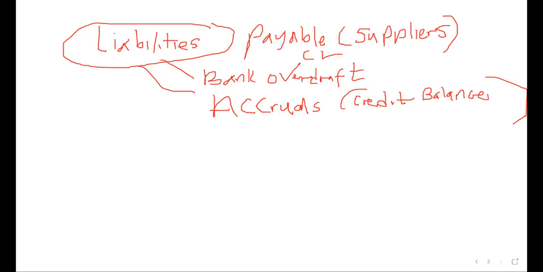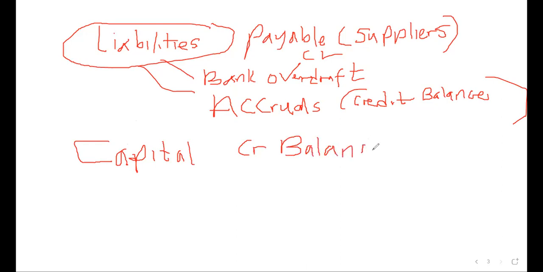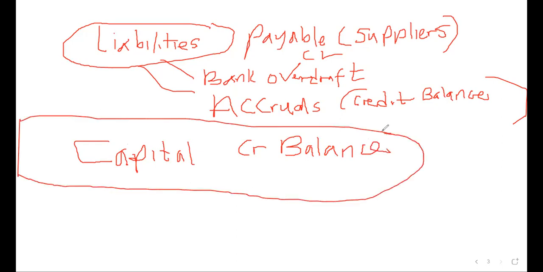So we can now look at the question. So capital, we pump it into the business. Capital also has a credit balance because you invest it and you put the money in the business. So it has a credit balance.